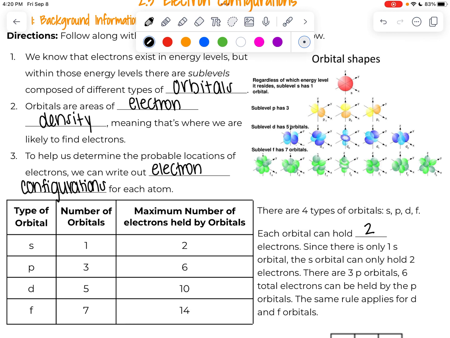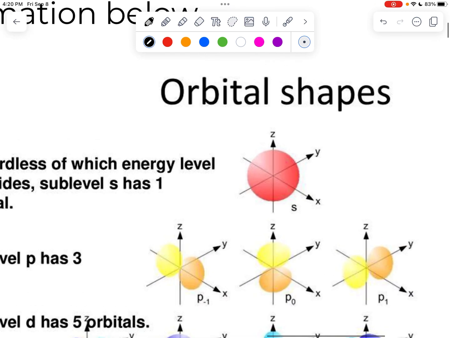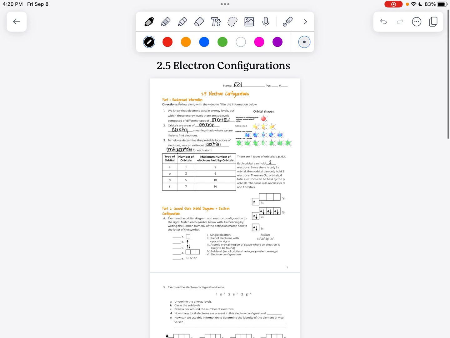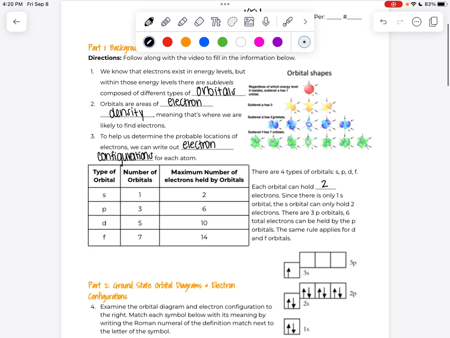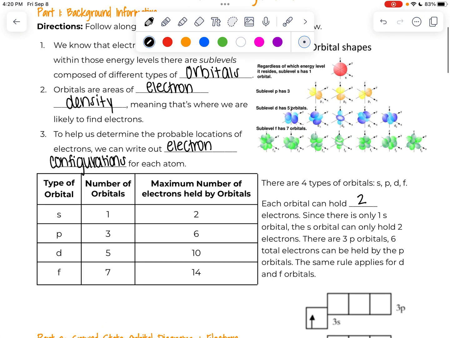If you take a look at S, it only has 1 orbital, just this spherical looking one right here. So within an S sublevel, there's only 1 orbital, which means the maximum number of electrons that can be found in an S shell is 2.